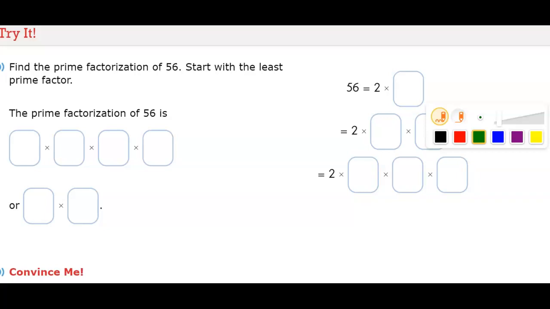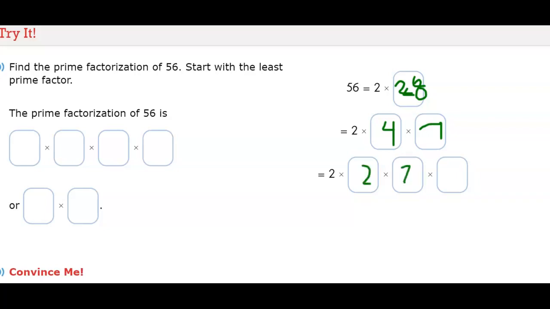So 2 times 28 is equal to 56, and then you break down 28. So you break it down to the prime numbers. One way for 28 is 7 and 4. Then you break down the 4, and that's 2 and 2, and then 7 is prime, so you just write 7.